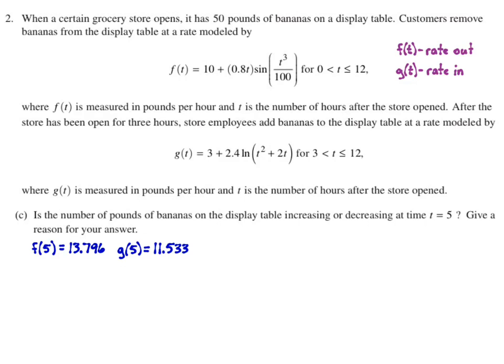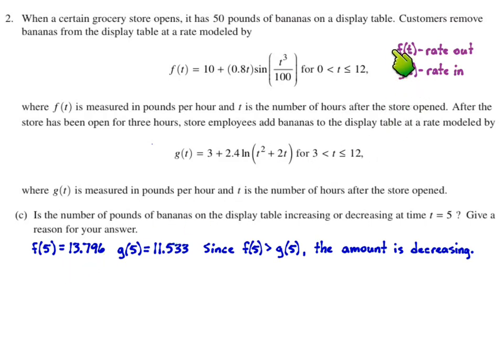So we would say the rate at which bananas are being removed is 13.796 pounds per hour, and the rate at which they are being added is 11.533 pounds per hour. So obviously, the rate at which they're being removed is greater than the rate at which they're being added. So we would say, since f of 5 is greater than g of 5, the amount is decreasing.